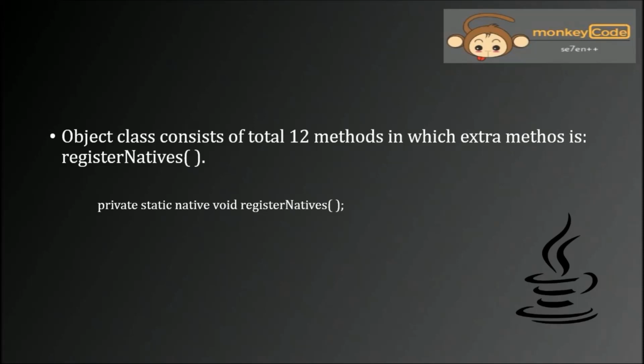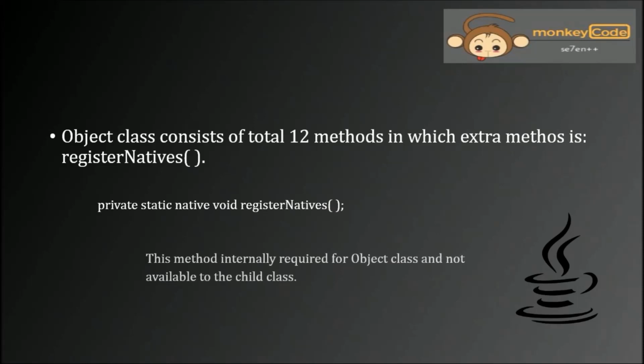And why are we saying it's extra? Because this method, private static native void registerNatives, is used internally by the Object class. So we don't need to care about that method actually. If anyone asks, you can say that 11 methods are there and one extra method is there, registerNatives. That's a pretty simple thing I just wanted to tell you about. It's not that important.